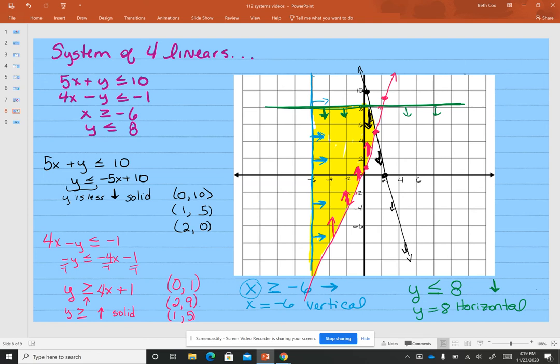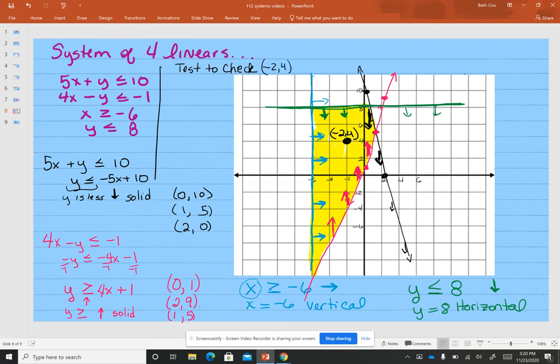Okay, so if I'm going to pick a point that I colored, I'm going to pick a point right here in the middle. That's the point -2, 4. And so that's going to be my test point. So I'm going to check my answer. I'm going to test the point -2, 4.